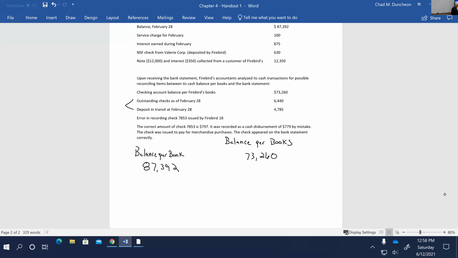So we can adjust our balance for the bank by adding in the deposits in transit first, $47.85.